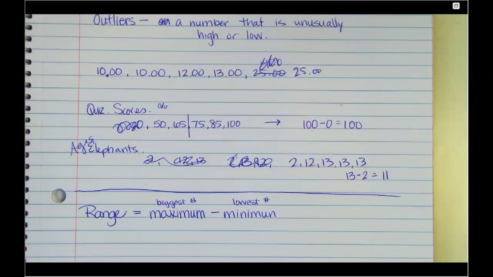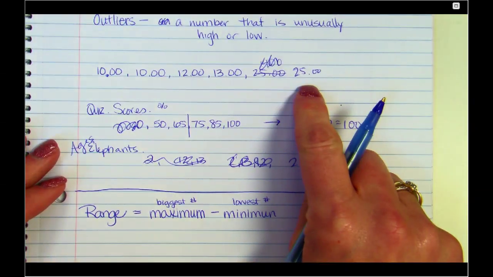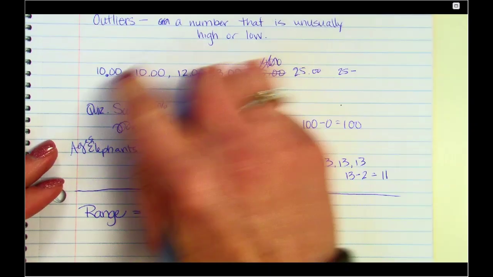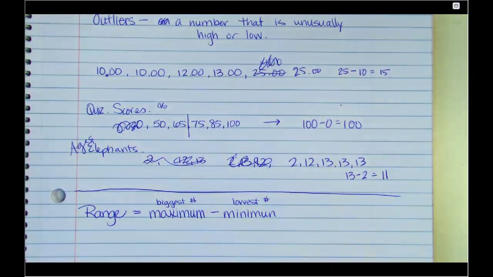Don't steal anybody else's learning moment. Okay. What is the range of this? 15, because we're doing 25, which is the maximum, minus 10, which is the minimum, and that's 15. Range is super easy to find.